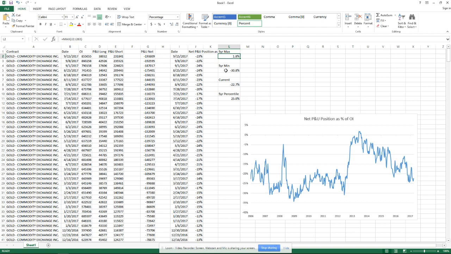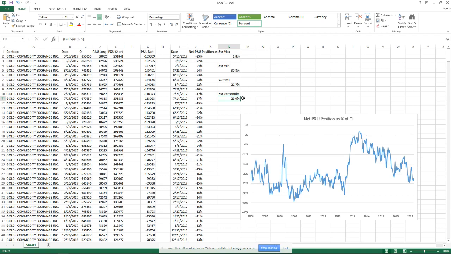The most bearish they've ever been was right here, in late 2012, when their minimum position was net short almost 31% of the open interest. The current figure is net short 22.7%. So this is the formula: current minus minimum, divided by max minus minimum.